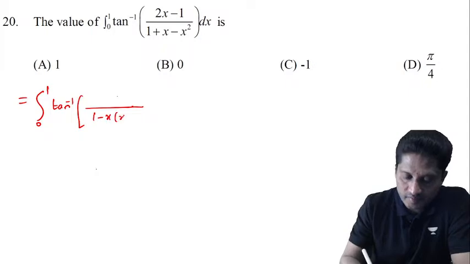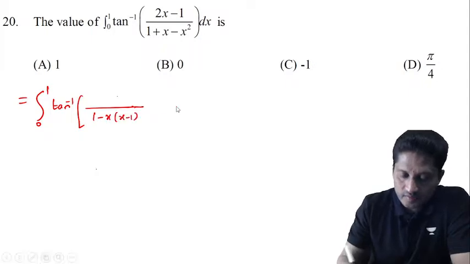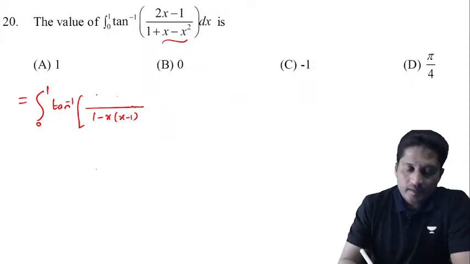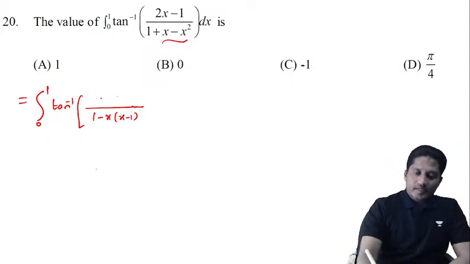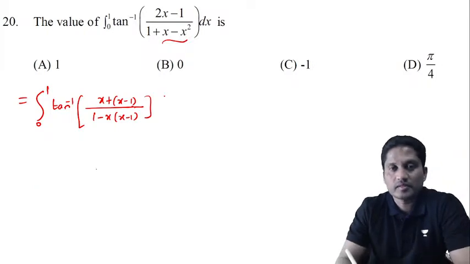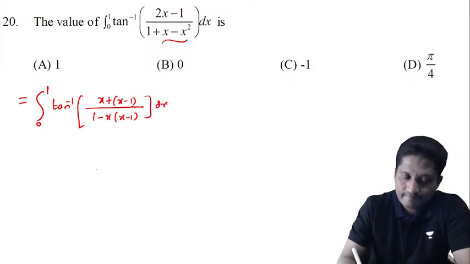If I take common, it will be x minus 1. So right now I'm just taking minus x common here. I can write the numerator as x minus of x minus 1, x plus x minus 1 will be 2x minus 1, and then this is dx.